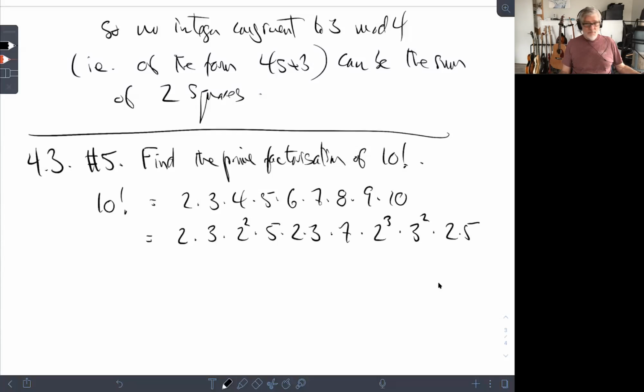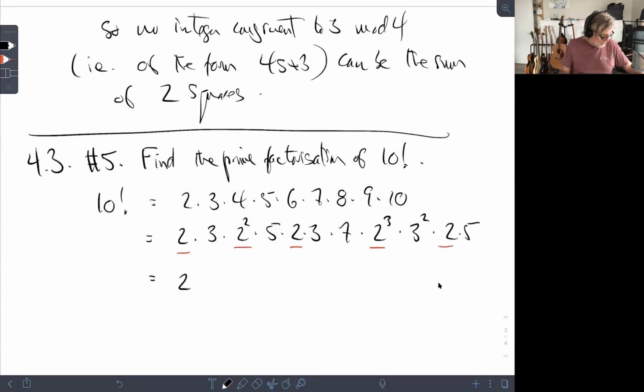Okay, so I'm done. That's the prime factorization, but that's not the cleanest way to write it. Usually we put the same primes together. So I'm going to look at 2 here. I've got 1, 2, 3, 4, 5, 6, 7, 8 of them here.